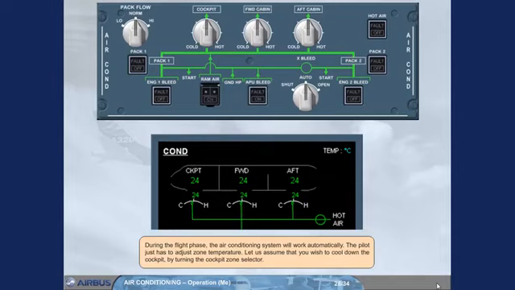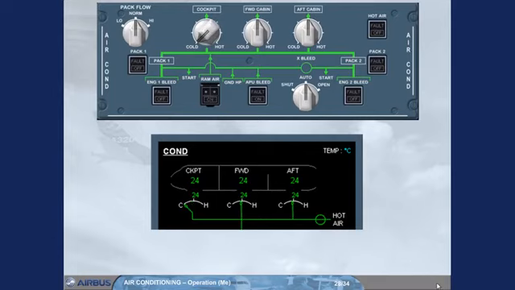During the flight phase, the air conditioning system will work automatically. The pilot just has to adjust zone temperature. Let us assume that you wish to cool down the cockpit by turning the cockpit zone selector. We have set a cockpit zone temperature of 18 degrees.